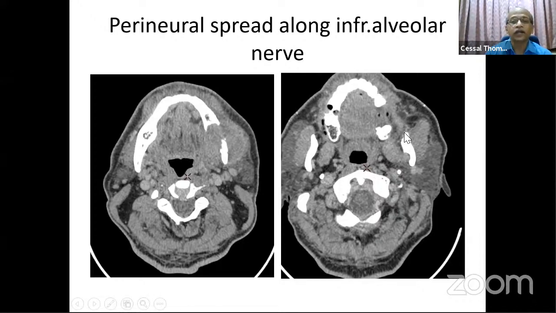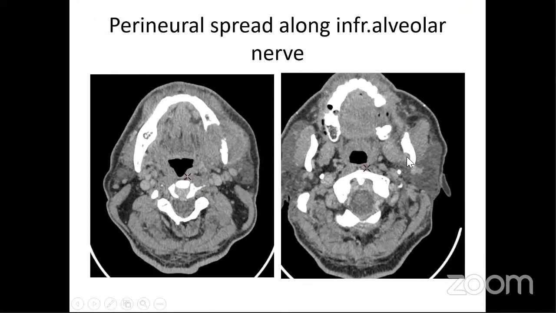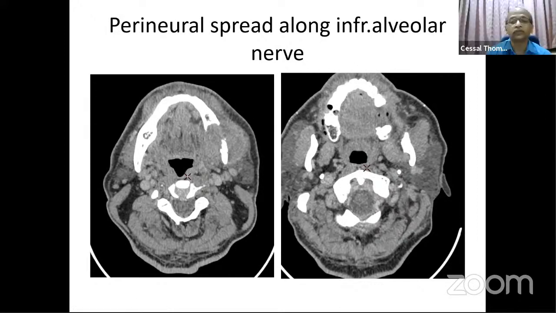So I have to look for the mandibular foramen here. You can see the mandibular foramen is widened and there is a soft tissue dense area. This is nothing but a thickened nerve. Normally you won't see this much thickness in a nerve. It is thickened and also enhancing. So I have to suspect perineural spread along the inferior alveolar nerve.